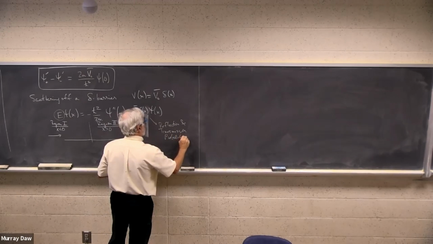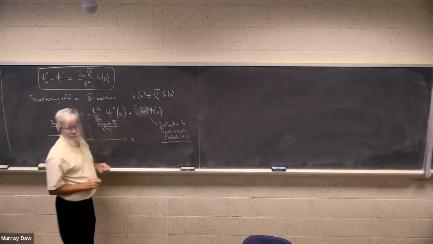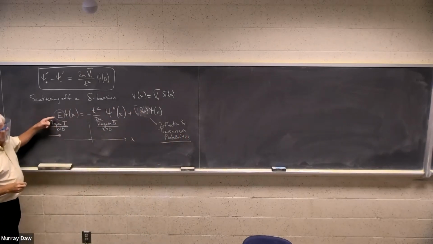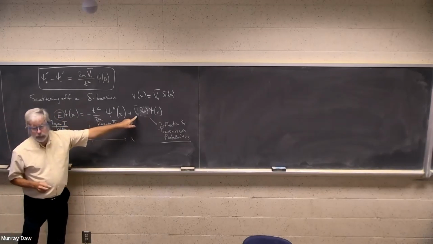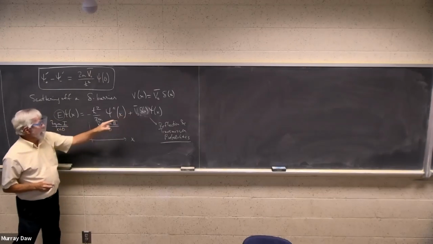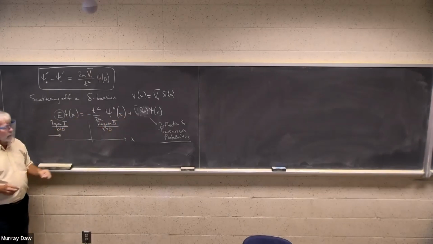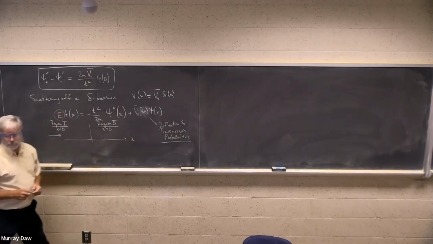One parameter here is the energy. Of course, it's also going to depend on the mass and the strength of the delta barrier. And that's all going to come into these things.